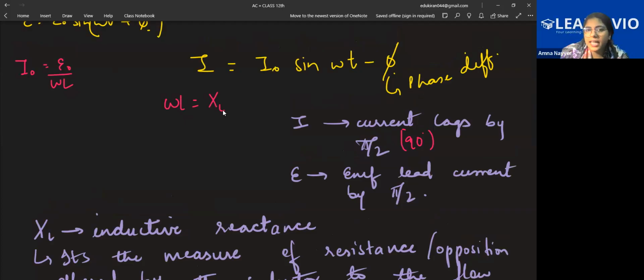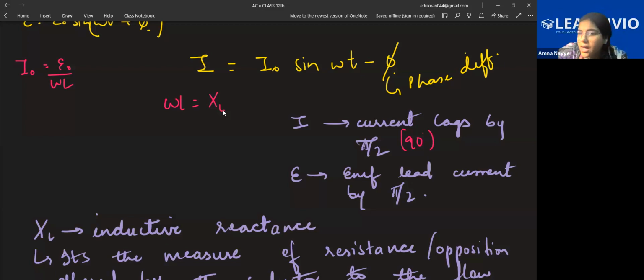Every circuit has a current, every circuit has a voltage, every circuit will have a resistance. When we talk about normal DC circuits, there's a resistor present to oppose the flow of electrons. When we were talking about the circuit having only a resistor, the resistance was R, the voltage was V and the current was I. So if we are talking about circuits having only inductors, there should be some resistance for that circuit.